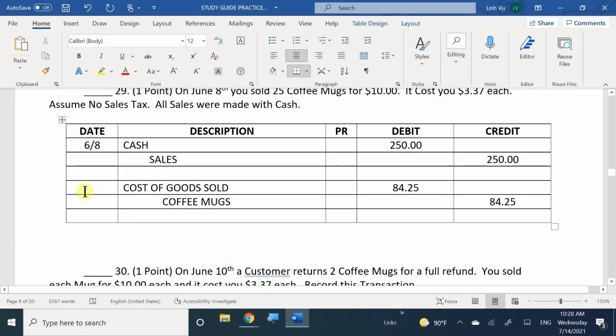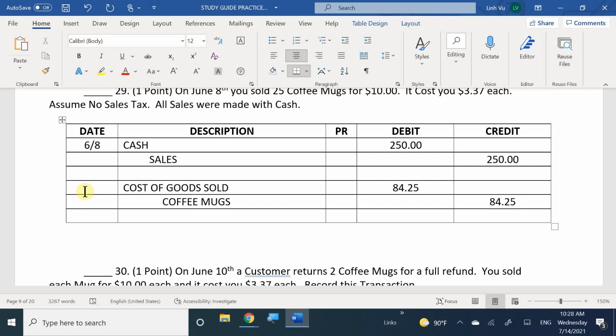So here, this is what we practiced yesterday as well. When we're dealing with perpetual inventory, when we record a sale, the sale must happen first in order for you to update your inventory. In this case, you are required to have 2 journal entries.